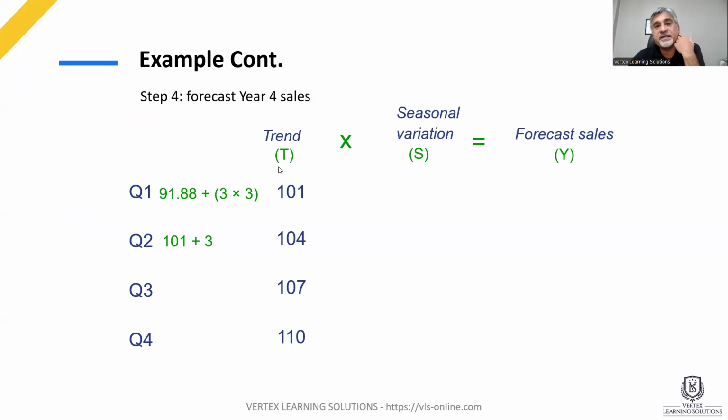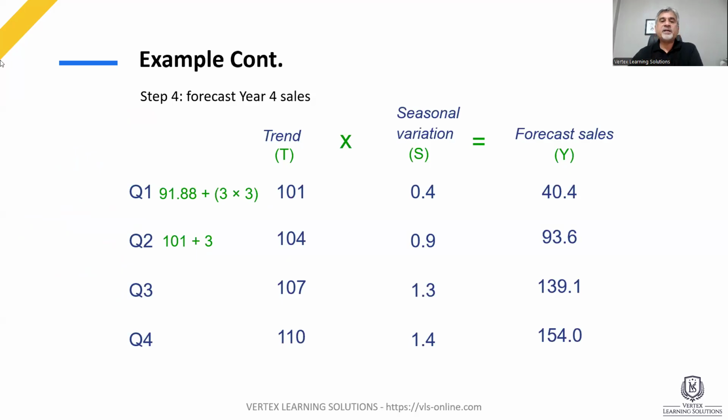And then you multiply them with the average seasonal variations, which we just did, 0.4, 0.9, 1.3, 1.4. And your forecast sales will be like this. This is your quarter 1 sales for year number 4. And if you see, it is going up like this from quarter 1, 2, 3, 4, and then it goes down.